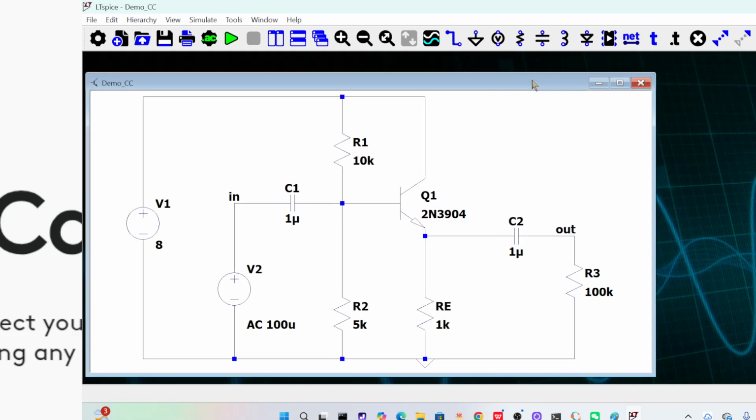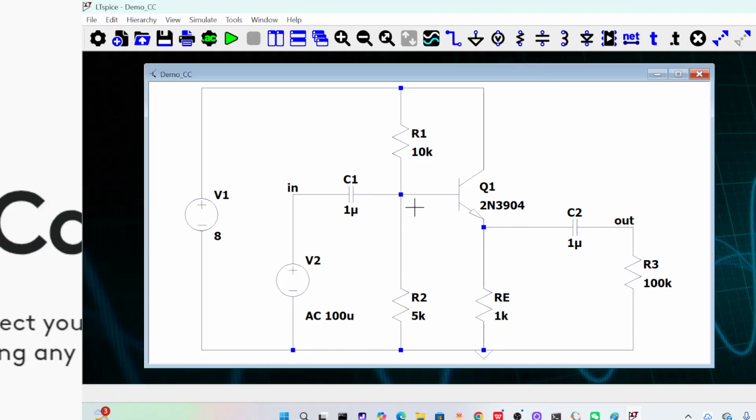So this is the one. We have a biasing circuit here and we construct the circuit: we short circuit the collector to the AC ground. So we are going to design an oscillator later out of this one.